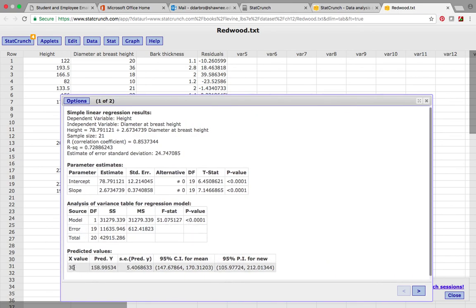So a tree that has a breast diameter of 30 inches would be predicted to have a height of 158.99 feet.